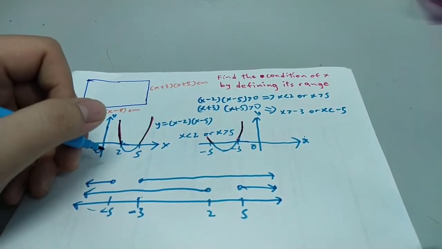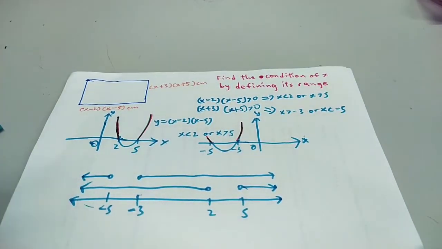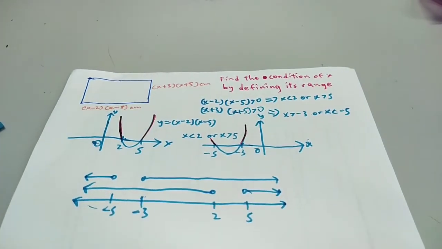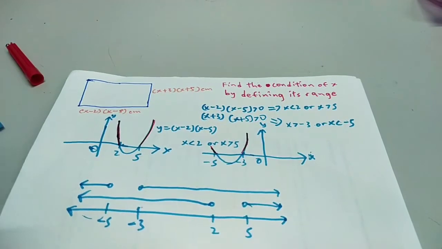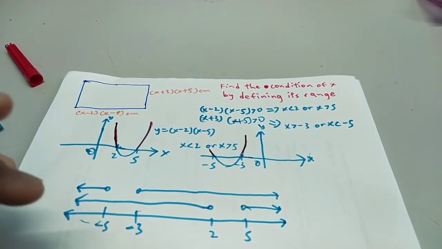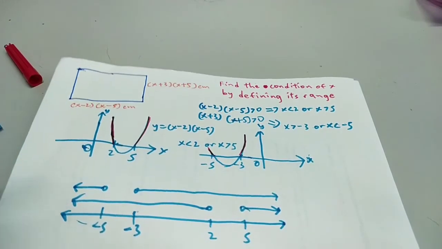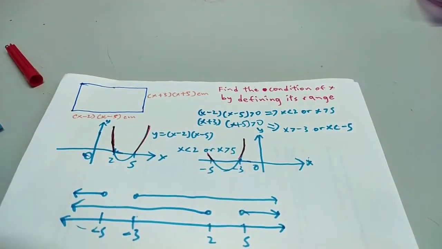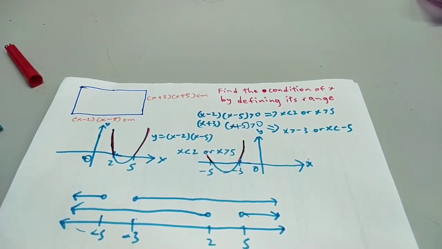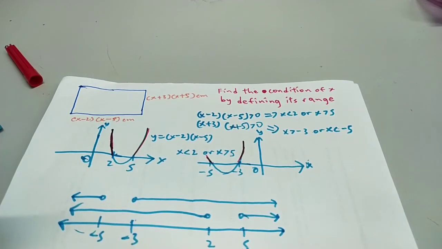And we need to find the overlapping region. So how do we find the overlapping region? Here's a little trick. When we have n inequalities, where n represents the number of inequalities, the overlapping region is the region that has n arrows.